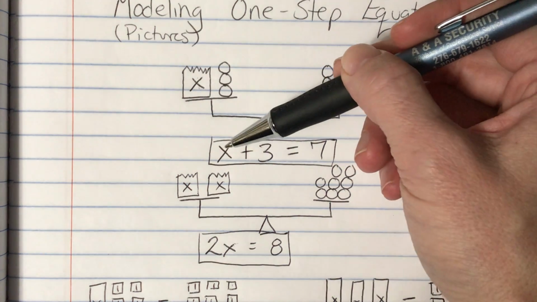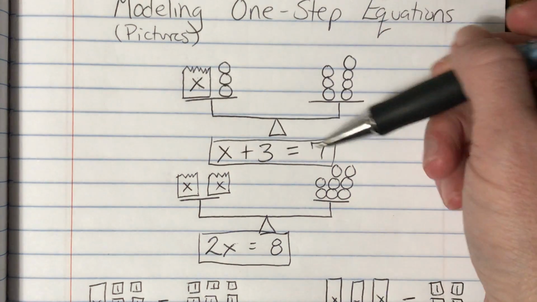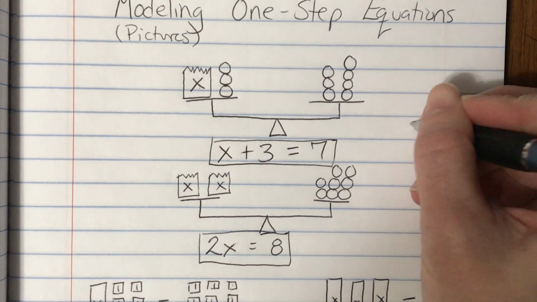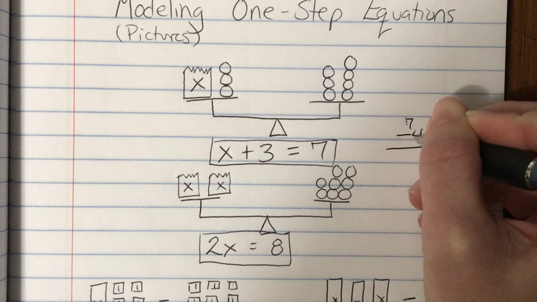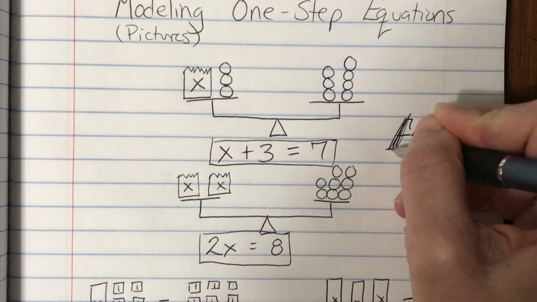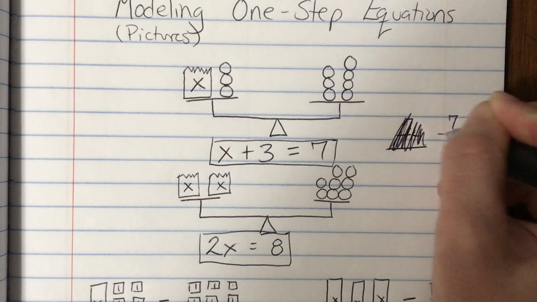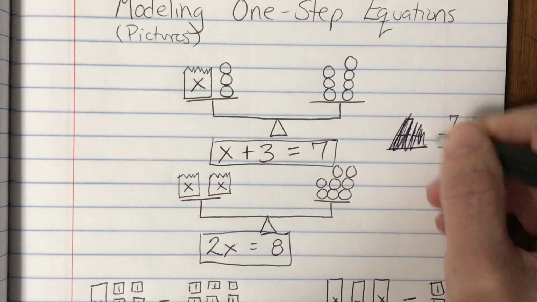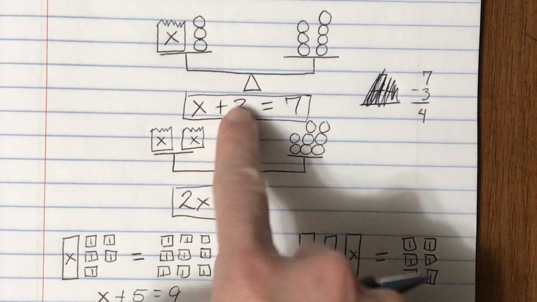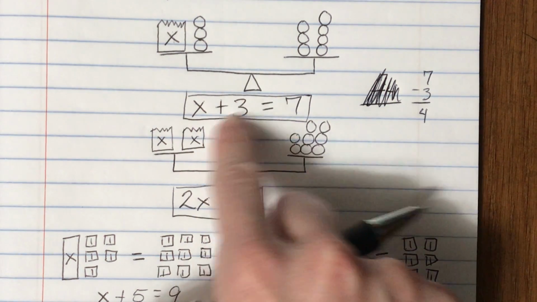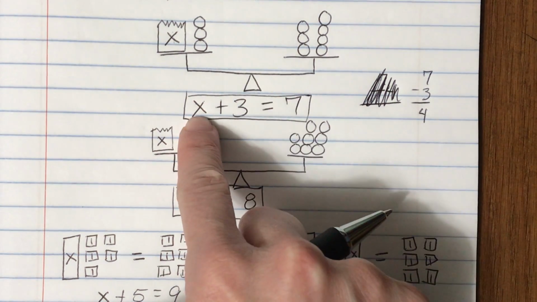Some number plus 3 is equal to 7. What we could have done is 7 minus 3, which is these two numbers, and gotten the answer of 4. And so in order to solve an addition equation, we could use subtraction to find that missing amount.